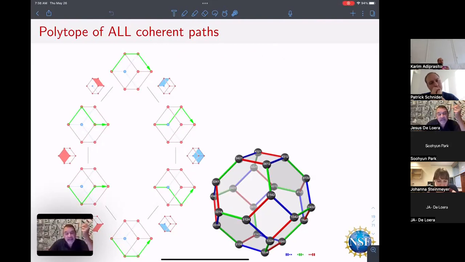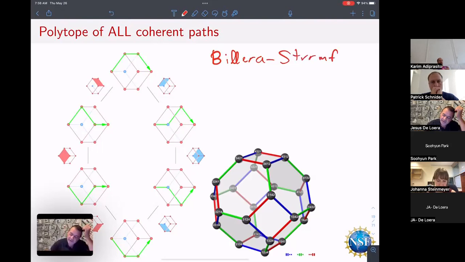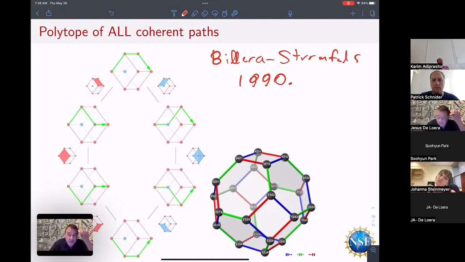And in fact, the theorem, let me just put here the names of the creators of this theory, is Billera and Sturmfels in 1990, when I was a graduate student, so a long time ago. They proved that there is a polytope that is always in bijection to the coherent monotone paths. So those are exactly the paths that you see in the shadow vertex pivot rule.